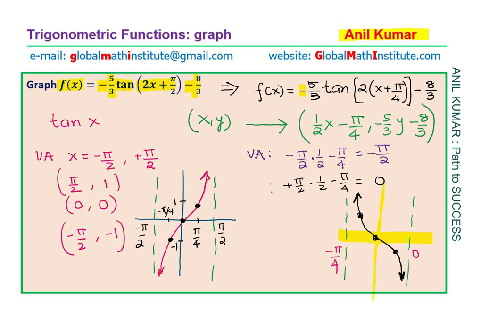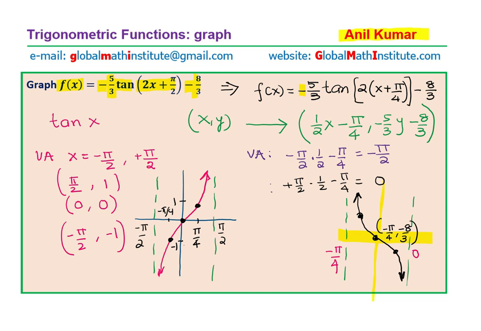And you can easily calculate 0, 0. When you consider, in that case, the transformation will be minus pi by 4 minus 8 by 3. Right? So this point here is minus pi by 4 minus 8 by 3. You see that? So we calculated the center point. The other 2 points you need to calculate. So plug in the value of x, which is pi by 2, right? So you get pi by 4 minus pi by 4, which will be 0 for you, correct?